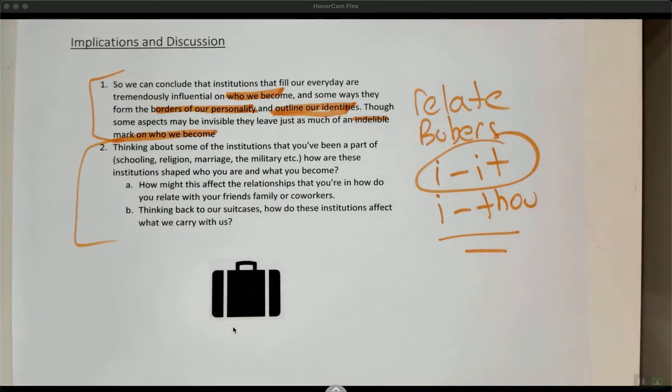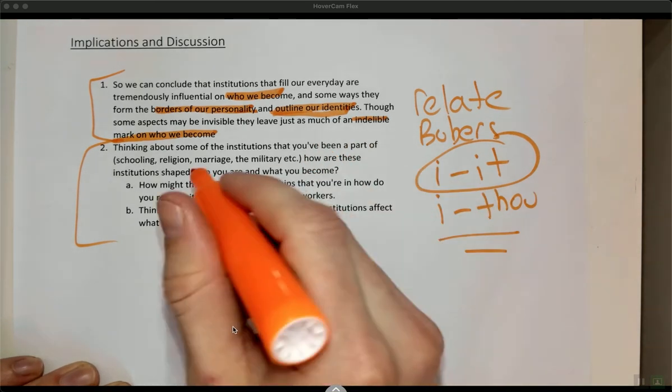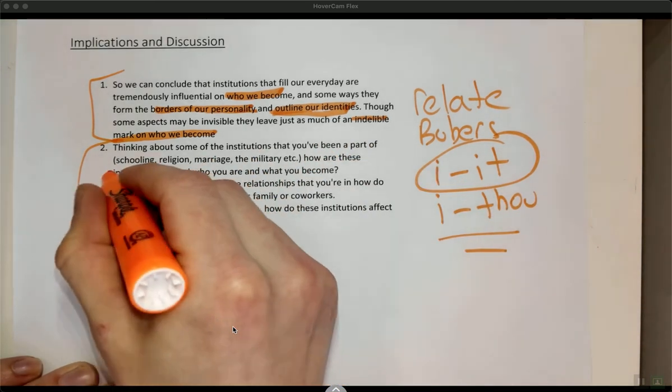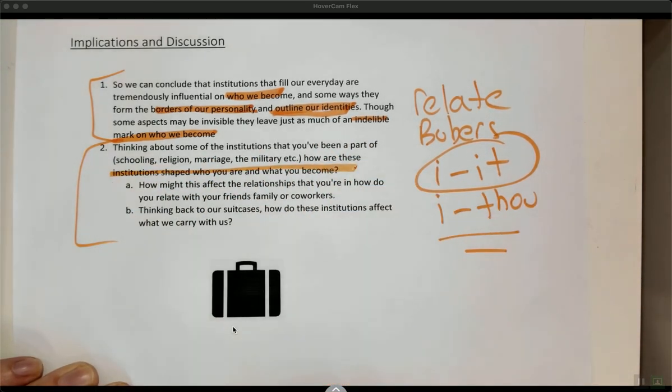Thinking about some of the institutions you've been a part of, this could be any. It could be schooling, as we've talked about. It could be religion, the institution of marriage, the military, etc. How have these institutions shaped who you are and what you become? How might they shape who you are and what you become?